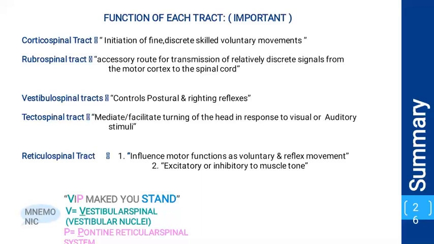The same follows here also: stage of spinal shock, stage of recovery of reflex activity, and stage of reflex failure. These are the things you need to know from today's class.